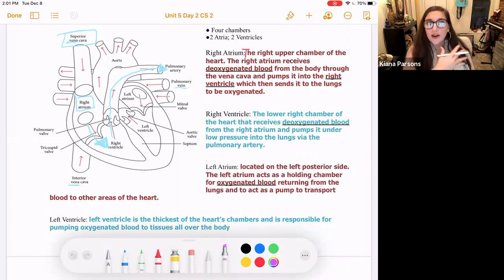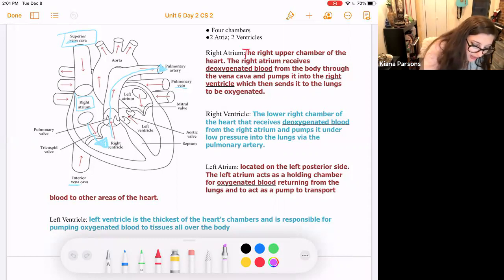However, because your lungs are where the oxygen is actually taken into the body, the oxygenation of the blood is reversed. So typically, arteries have oxygenated blood and veins have deoxygenated blood, but the pulmonary artery and the pulmonary vein are opposite.